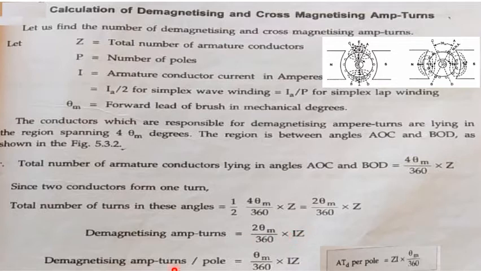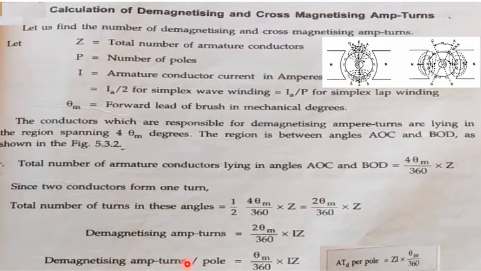Now, demagnetizing ampere turns per pole. Per pole, what might be the demagnetizing ampere turns? The overall demagnetizing ampere turns, since there are two demagnetizing conductor regions present, is 2 times theta m divided by 360 into Iz.